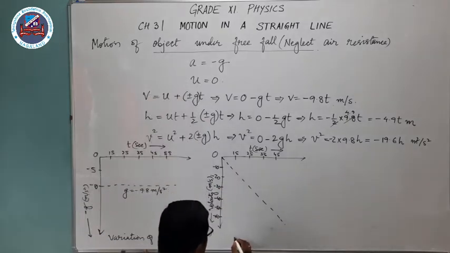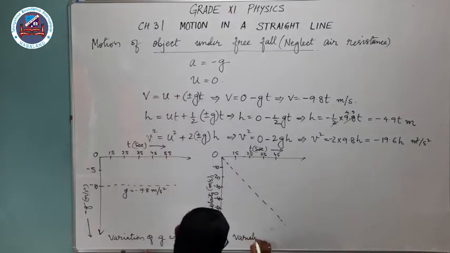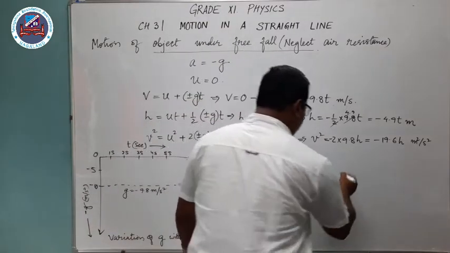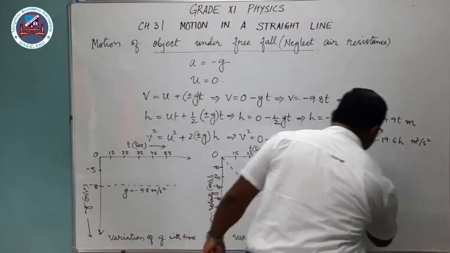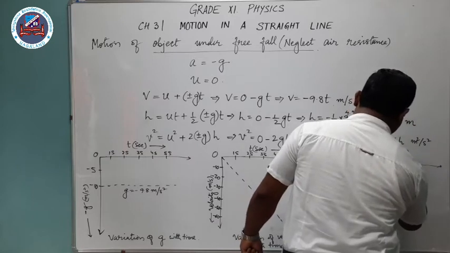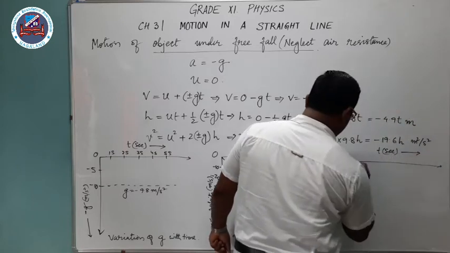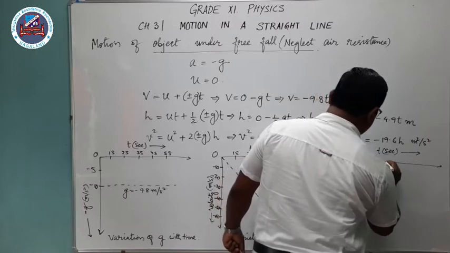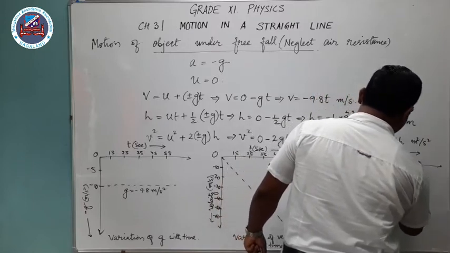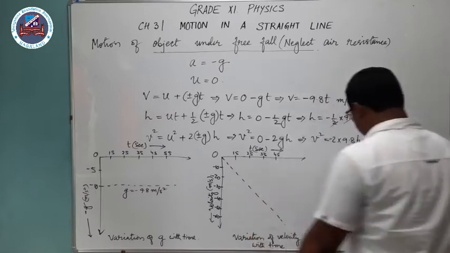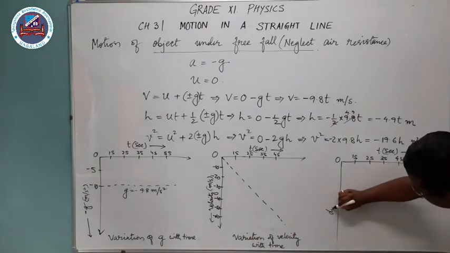So this graph shows variation of velocity with time. And then you can even show variation of distance with time graphically. T in seconds, 0, 1 second, 2 second, 3 second, 4 second, 5 second, and this side distance in meters.